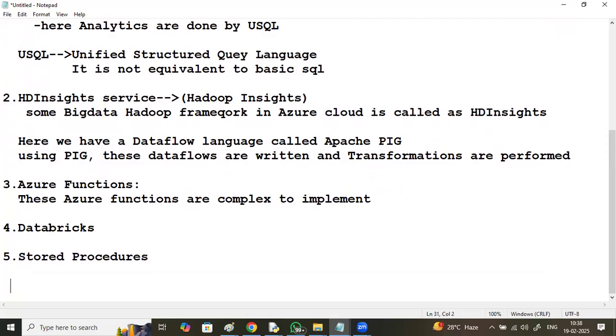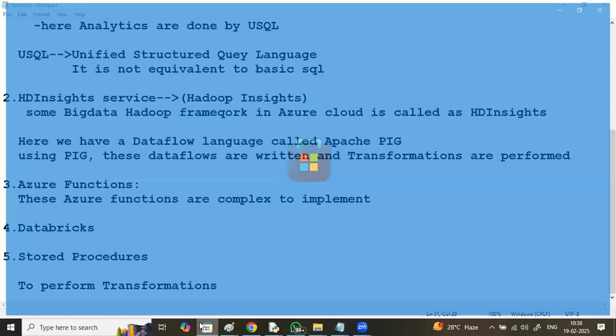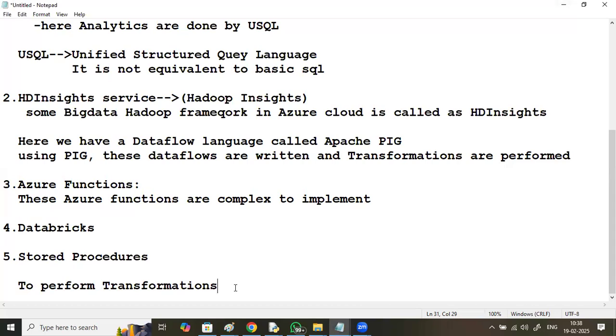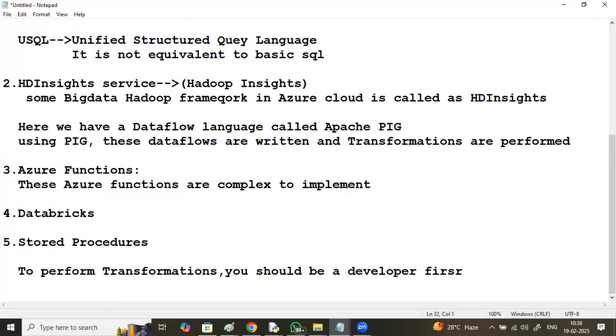First thing, to perform transformations, you should be a developer first.